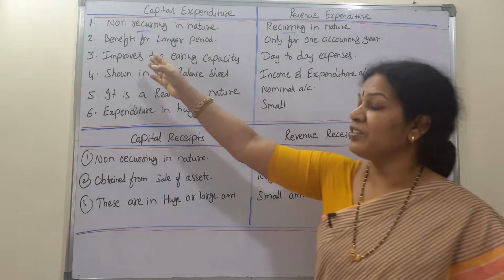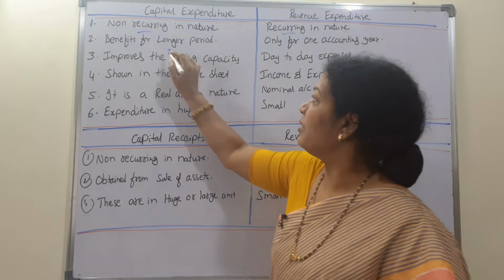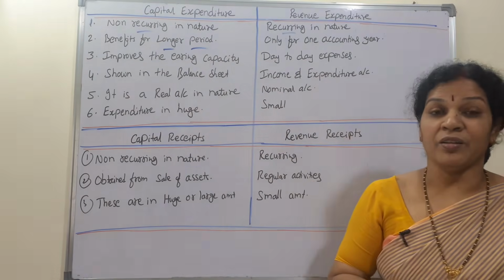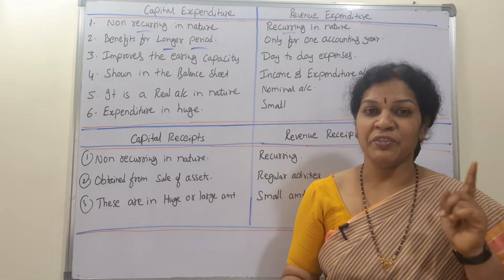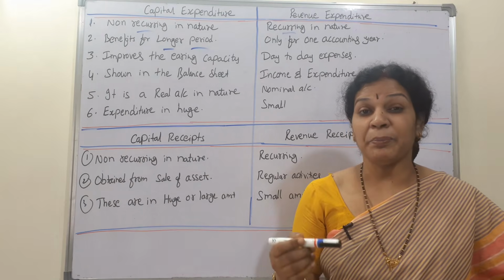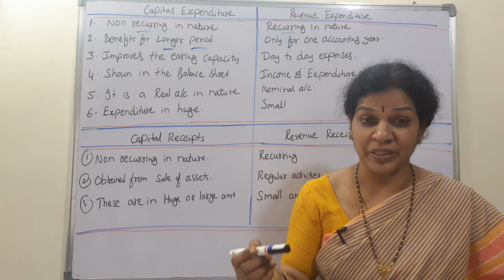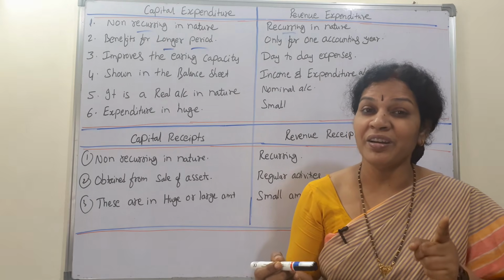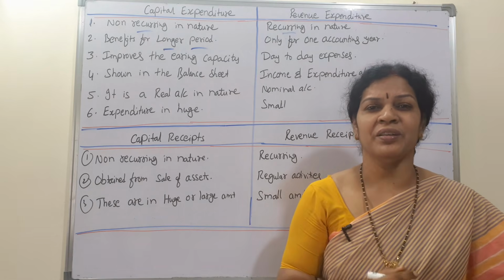In the same way, if you see the benefits of capital expenditure, they will be for a longer period. Installation purpose we have spent some amount, the benefit will be long period. In the same way, promotion, company advertisement: if you spend anything on promotion, that benefit also you will find in the long run. Not just for 1 year or 2 years, it will have benefits for a long period.